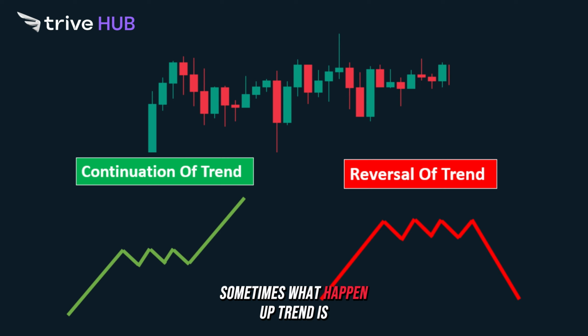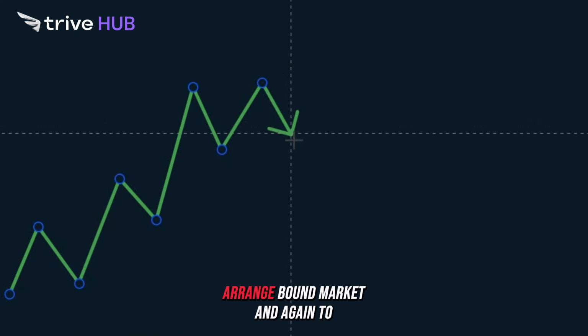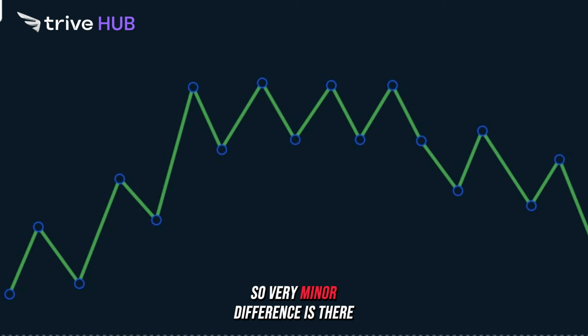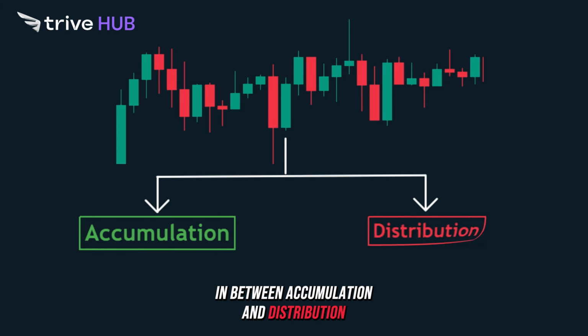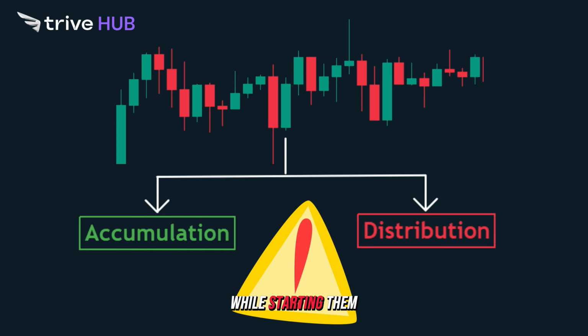Sometimes an uptrend is going on, then a range starts to build up there, and it will break down the support area of that particular range. So it will reverse the original trend from upside to a range bound market, and again to the downside. There is a very minor difference between accumulation and distribution, so we have to be very careful while studying them.